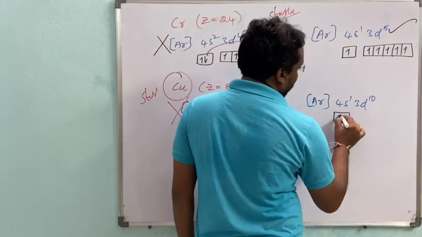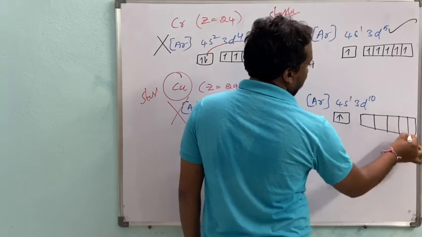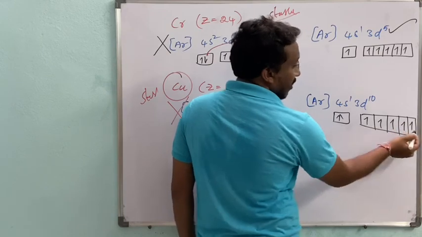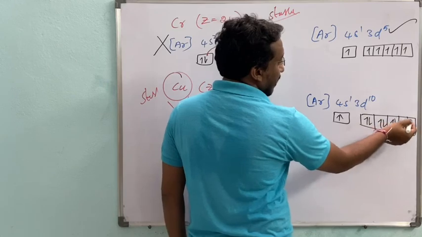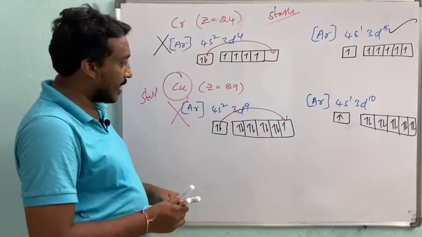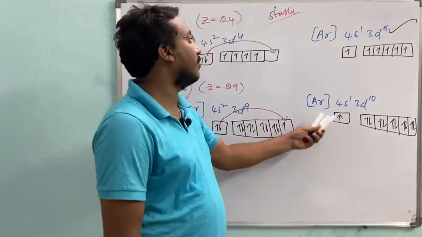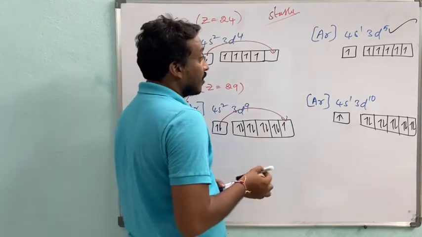One electron each, 1, 2, 3, 4, 5. After half filling, we have to start the pairing, that is given by Hund's rule. Got it? Right. In this case the atom is more stable, in case of copper and in case of chromium, right?